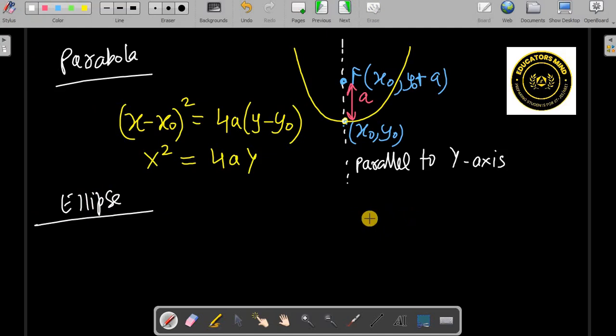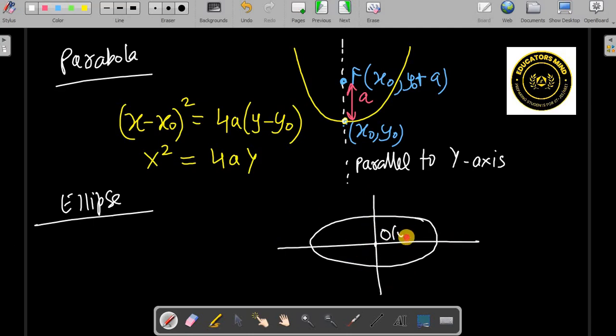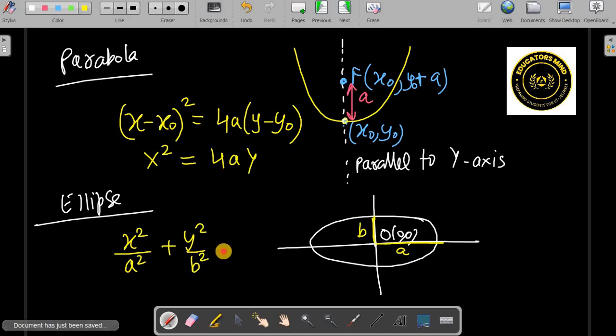If you see the equation of the ellipse in general, it can be, let's say, like this. If you consider the origin 0, 0 as the center, and you take this length as a and this length as b, then the equation is x square by a square plus y square by b square is equal to 1.